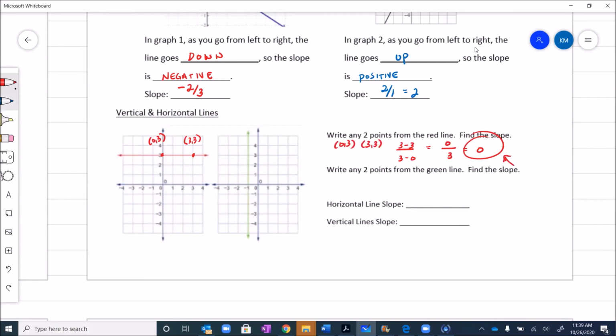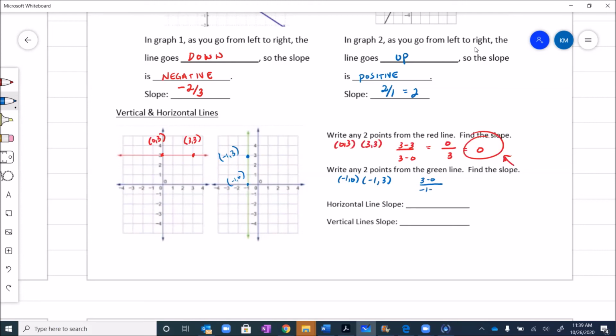Looking at the green line, write any 2 points. Here we have (-1, 0) and (-1, 3). So y2, 3, minus y1, 0, over negative 1 minus negative 1.